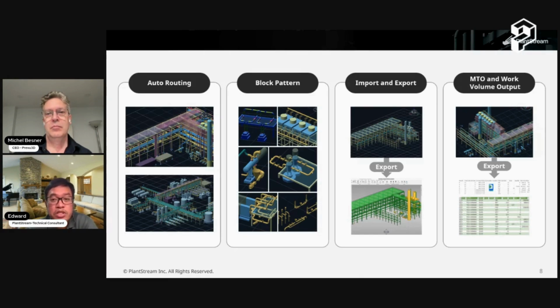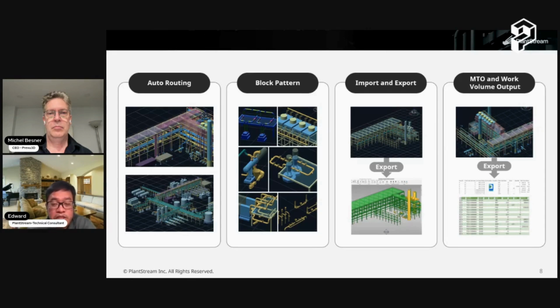It also supports model import and export functions. The PlantStream model, we can convert, for example in this image, to an E3D model. Additionally, PlantStream offers MTO report and work volume report.